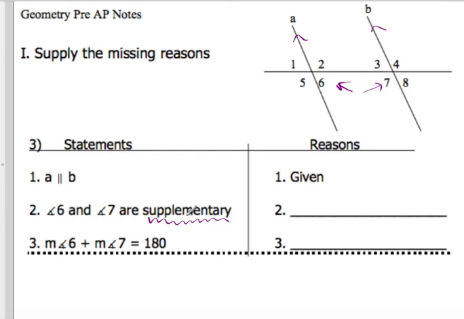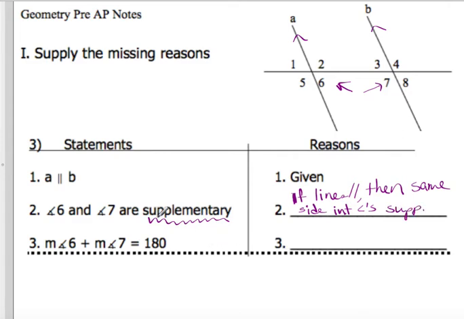They are supplementary. So my reason here is going to be if lines parallel, that's an I, if lines parallel, then same side interior angles supplementary.